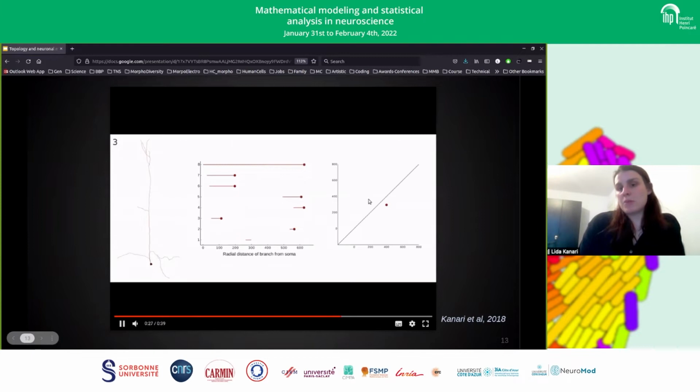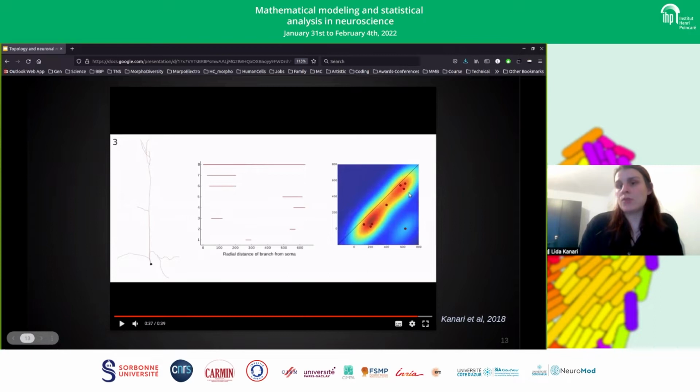And as I mentioned before, we can take each one of these points and represent it in the persistence barcode. And then at the end, we can generate the persistence image by allowing Gaussian kernels around each point. So this is creating a summary that captures the branching properties of the neuronal tree. And we're going to use that for many different applications.